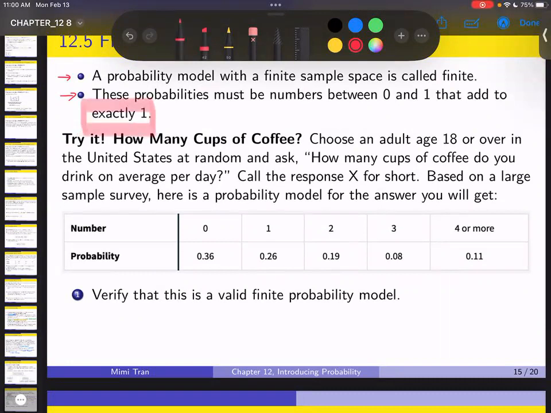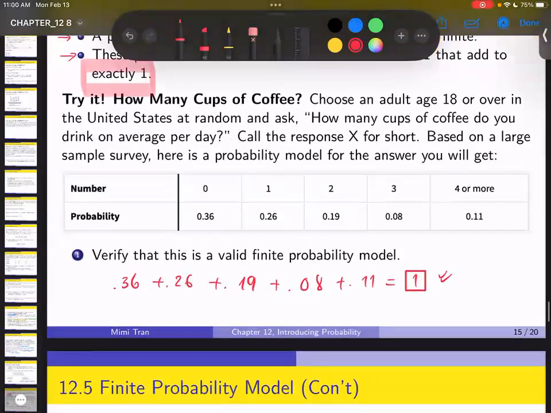So let's add them all up: 0.36 plus 0.26 plus 0.19 plus 0.08 plus 0.11 equals 1. So your conclusion will be yes.